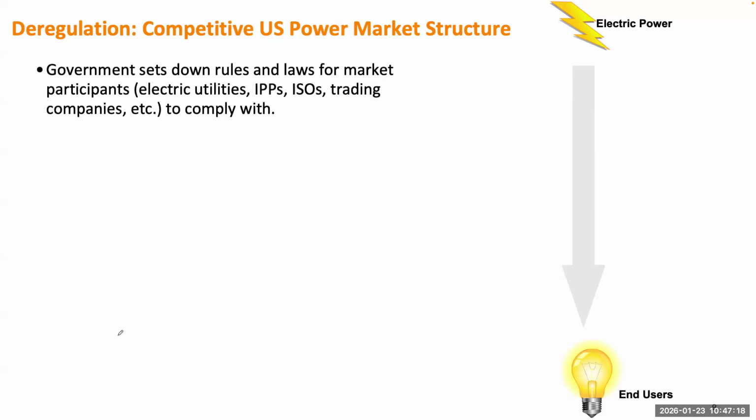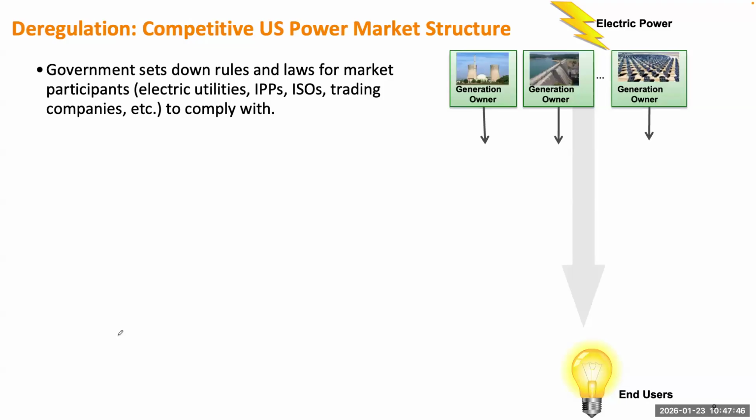The government will set down some rules and laws for the market participants, such as electric utility companies, independent power providers, and ISOs, which I will explain. And there are also trading companies. The trading companies play with bidding strategies to help their members or customers earn money. So it's profit oriented.